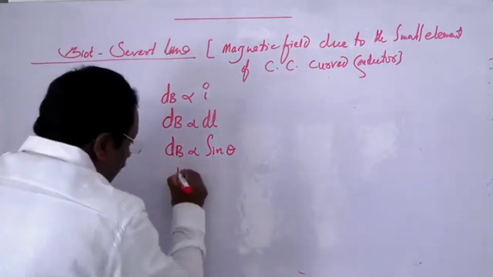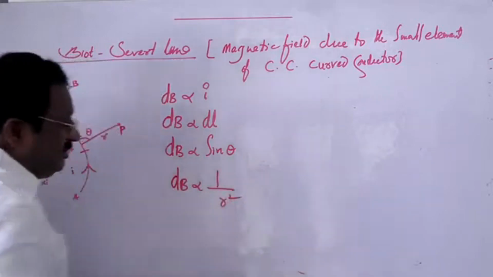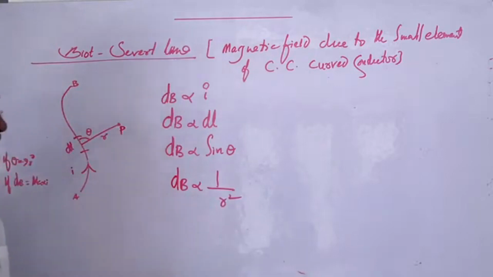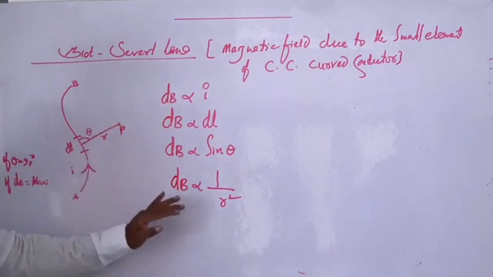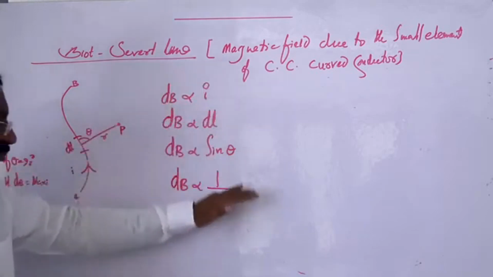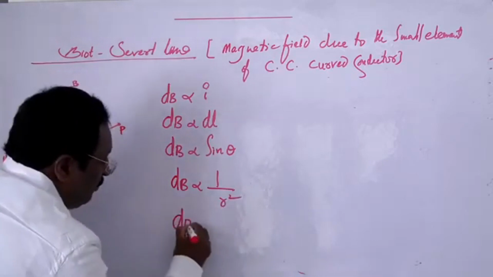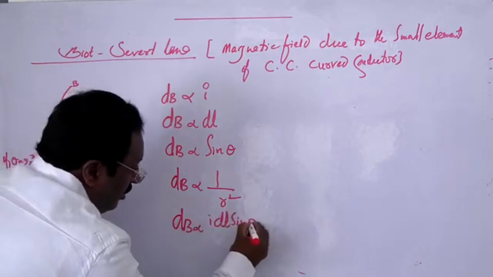It is inversely proportional to the square of the distance, the same as Coulomb's law. It follows Coulomb's law. So totally, according to Biot-Savart law, this is an experimental result, it depends upon these four factors: dB is proportional to I dl sin theta by r square.